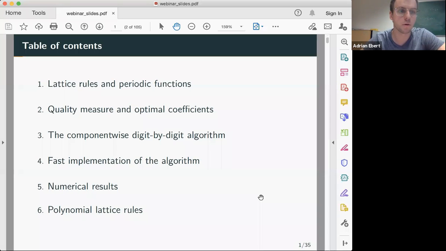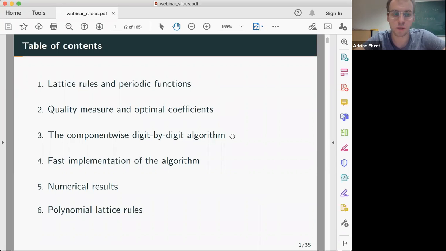So the agenda of my talk is as follows. I will start by introducing what lattice rules are, and I will also mention what the function space setting in the first half of the talk will be. Then I introduce a quality measure on which our algorithm is based. After that, I formulate the algorithm, the so-called component-wise digit-by-digit algorithm.